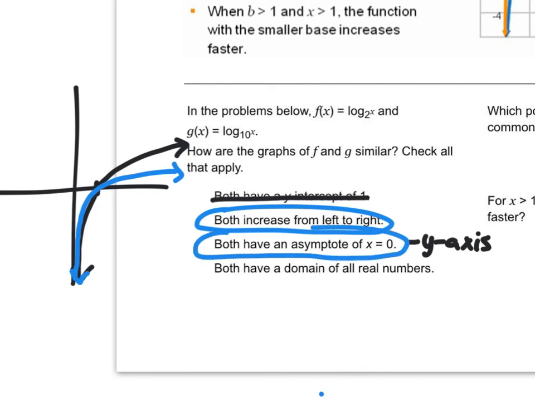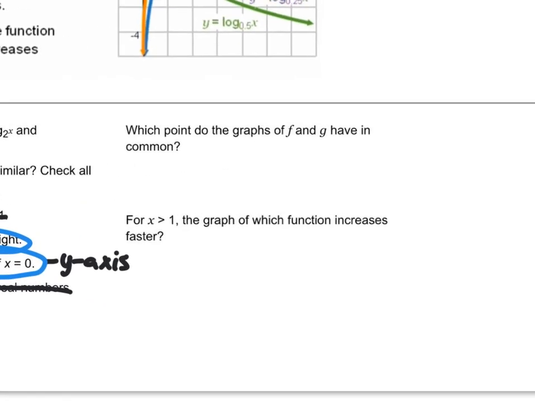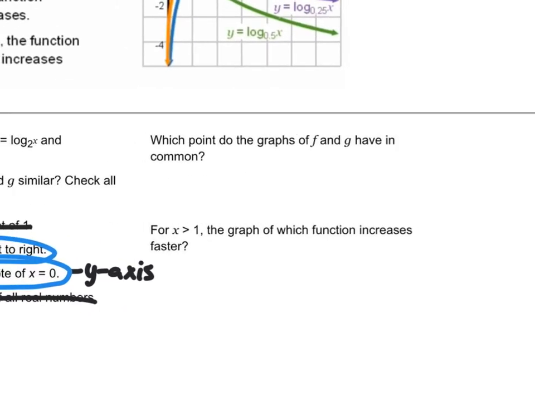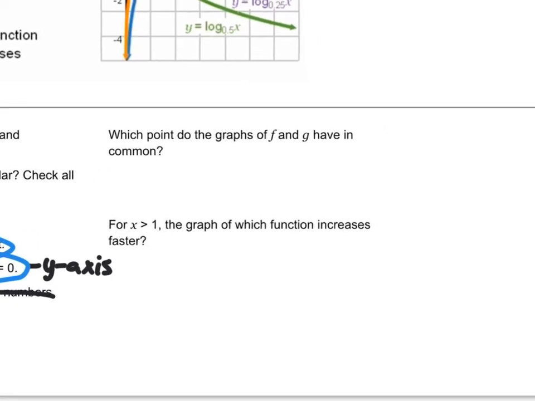They both have a domain of all real numbers. No, our domain is restricted. Our domain means that we have positive x values, so it's not all real numbers. So that one's false. So just those two. All right, let's take a look at the next one. Which point do the graphs of f and g have in common? They have in common the point 1, 0, always.